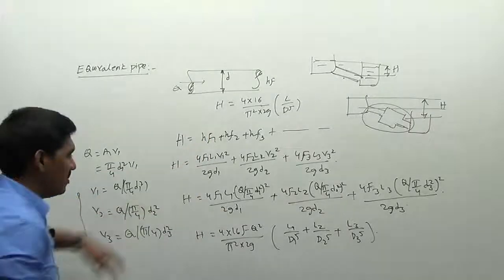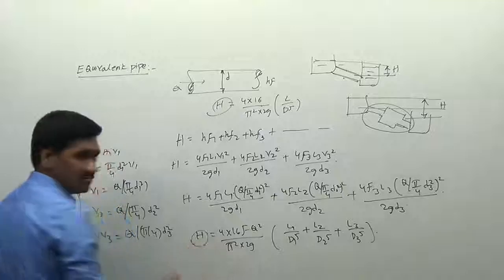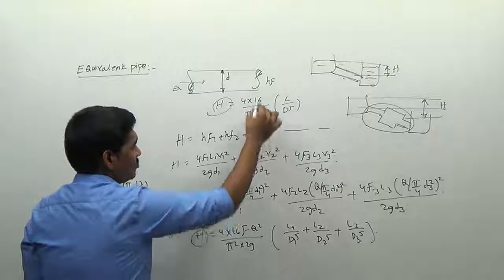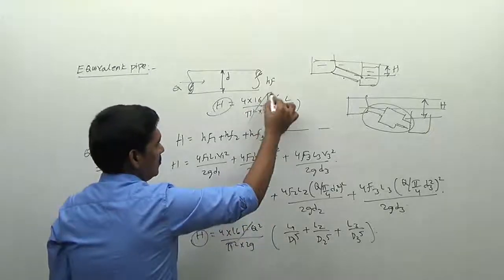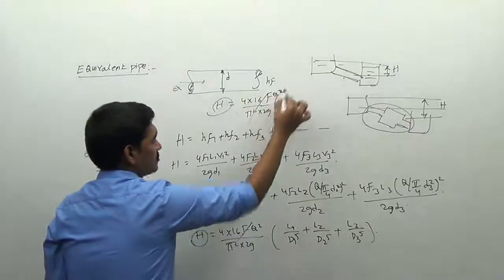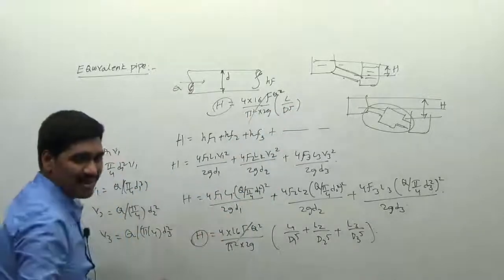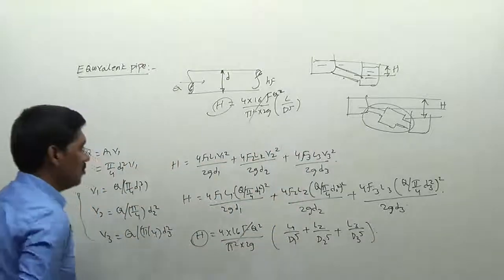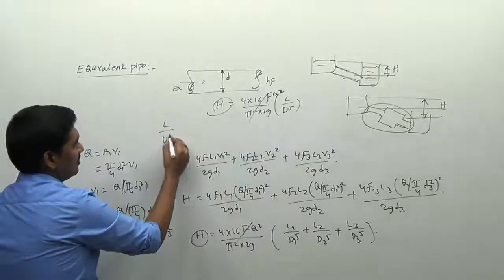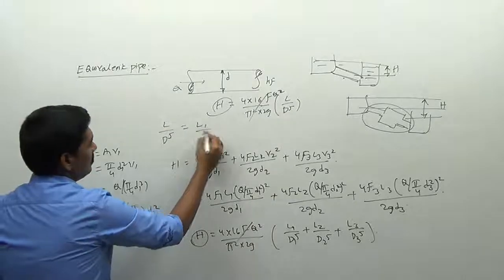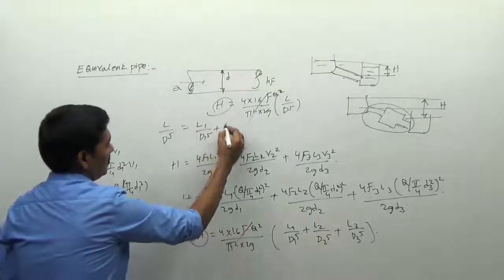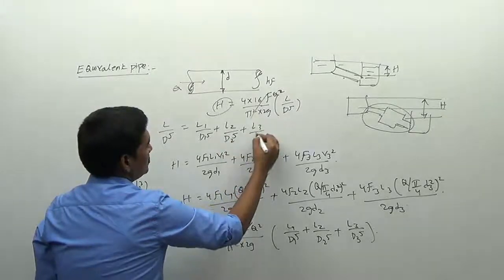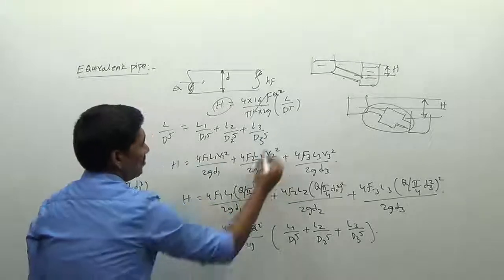Therefore these two values will be equal. Now I will equate this value and this value. If you equate them, you can cancel these terms, so we are left with only Q². The final relationship is L/D⁵ = L1/D1⁵ + L2/D2⁵ + L3/D3⁵ plus so on.